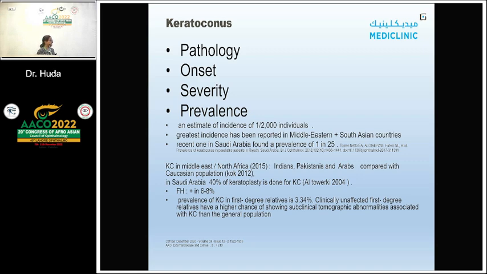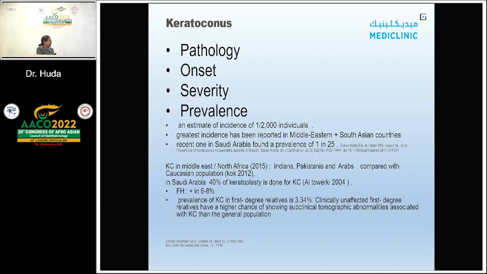Onset starts early in life and becomes more aggressive, depending on the severity. And the earlier we have keratoconus, the more severe. That's why we are really interested in treating keratoconus in children.